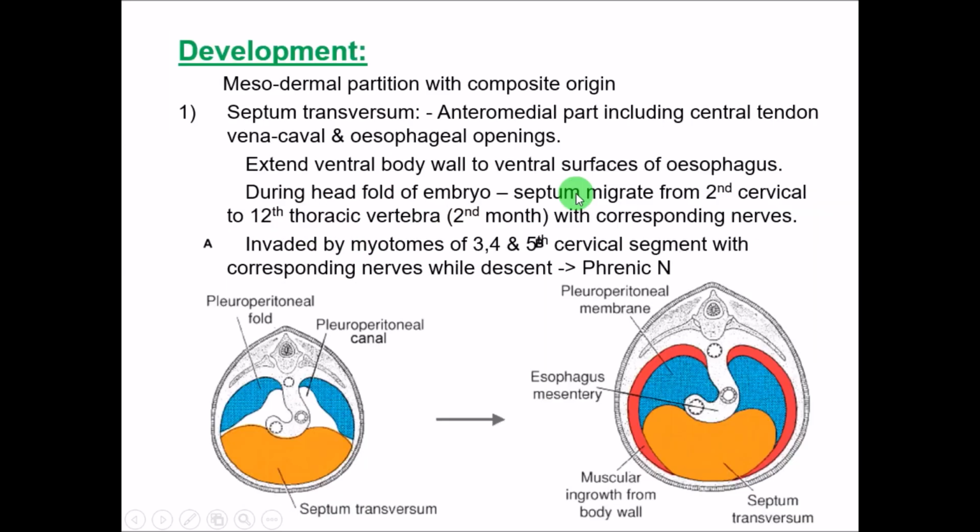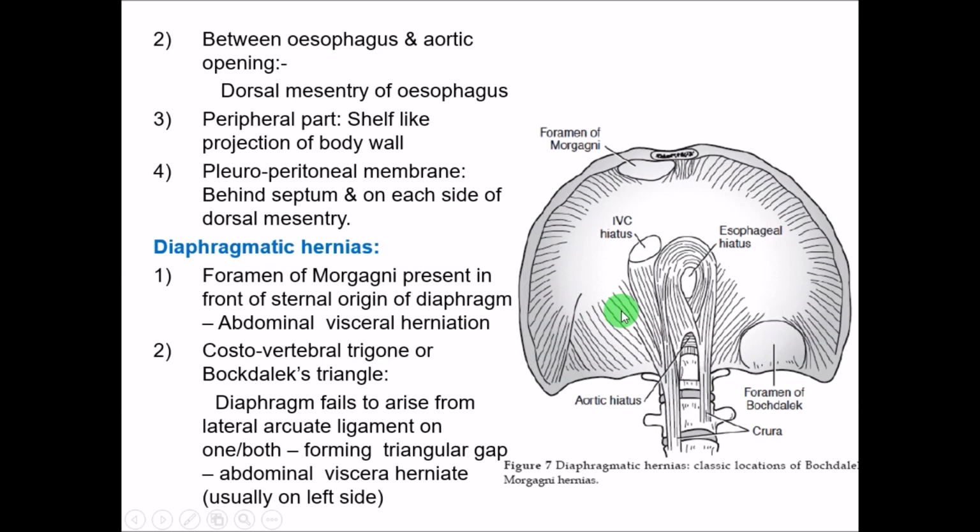So all this together will form mainly from the septum transversum, then the body wall from surrounding, then the dorsal mesentery, as well as the pleuroperitoneal membrane, which all together will form the diaphragm itself.